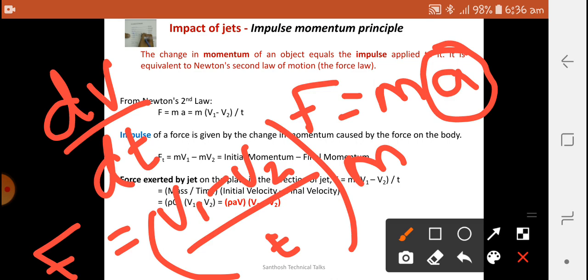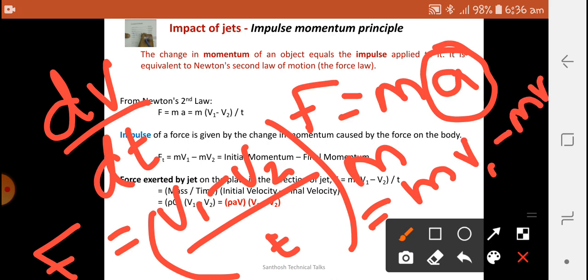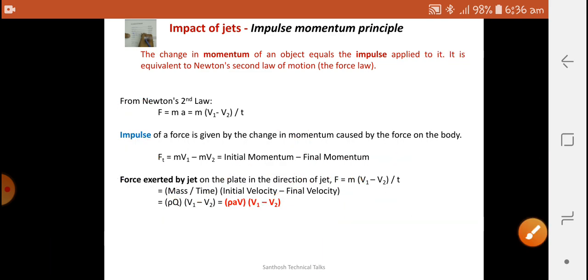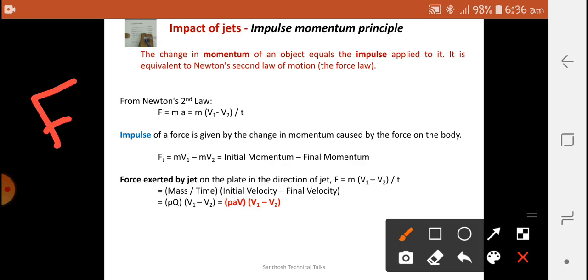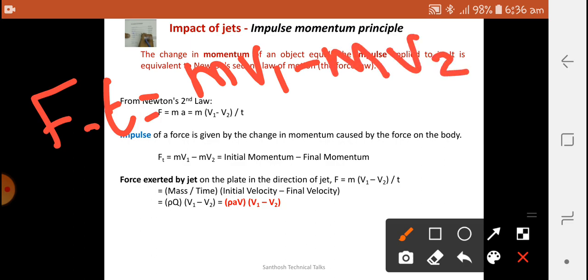That is, m v1 minus m v2, that is force into time. So this is the impulse momentum equation: force into time is equal to m v1 minus m v2. This is called the initial momentum and this is called the final momentum.